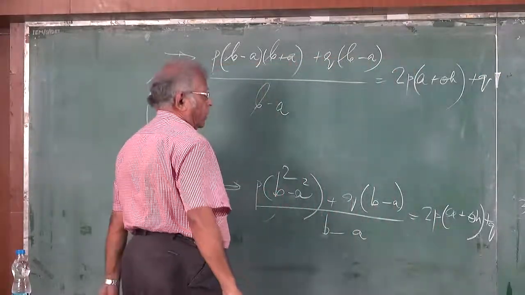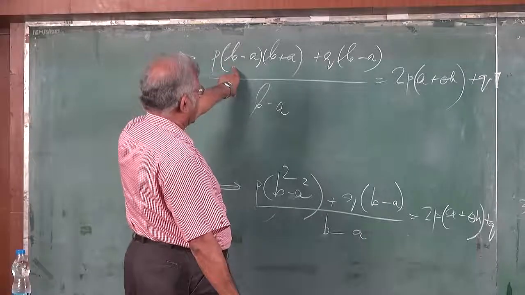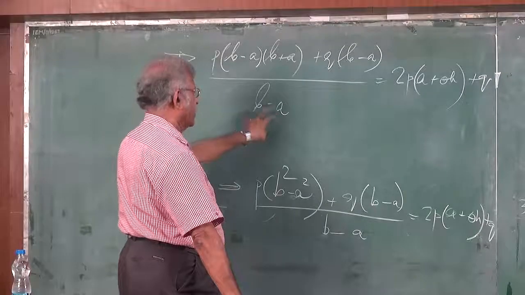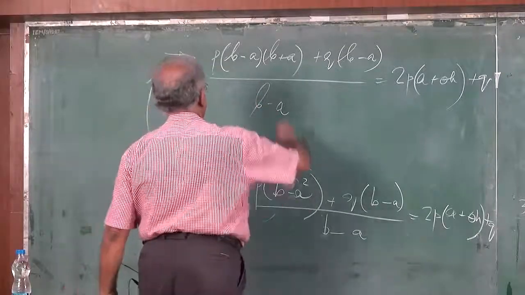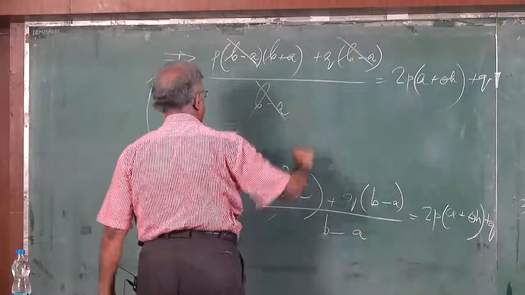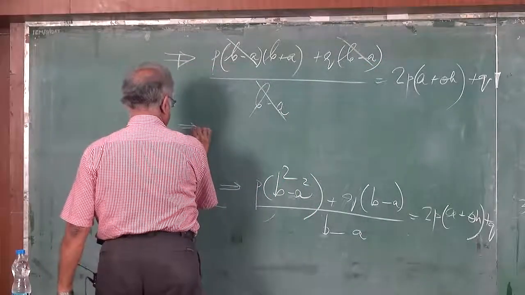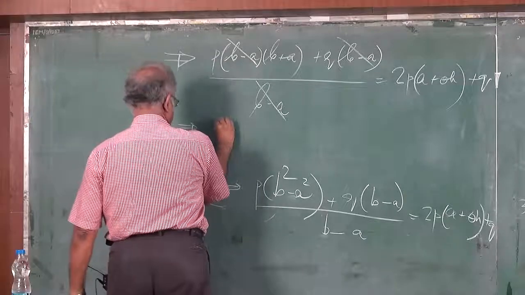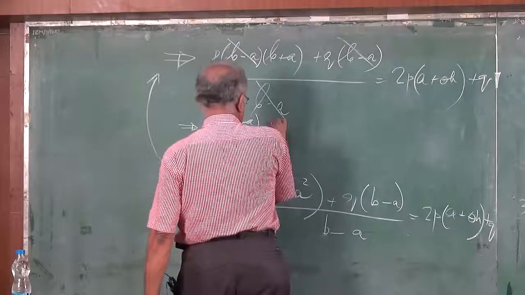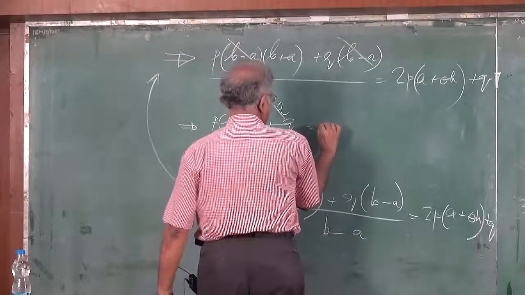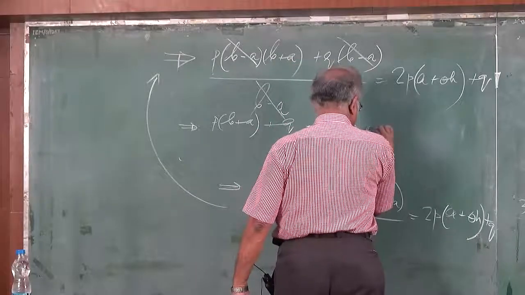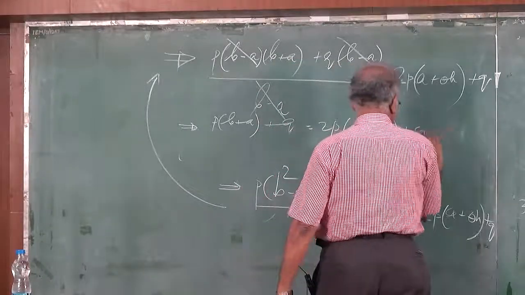Now, what we can do is we can remove a common factor b minus a, because since b is not equal to a, it's not 0, we can divide by b minus a. So, we remove the common factor b minus a and get from here the implication is p into b plus a plus q is equal to 2p into a plus theta into h plus q.